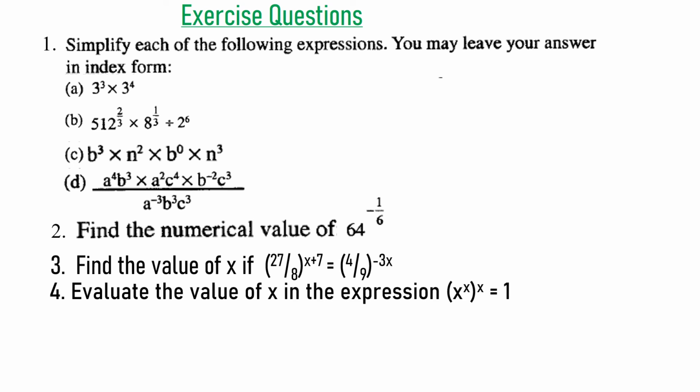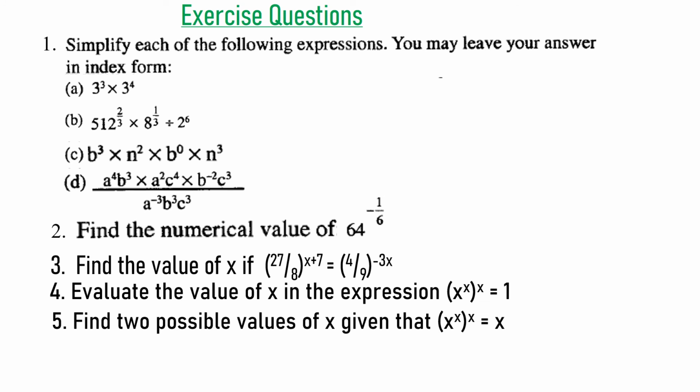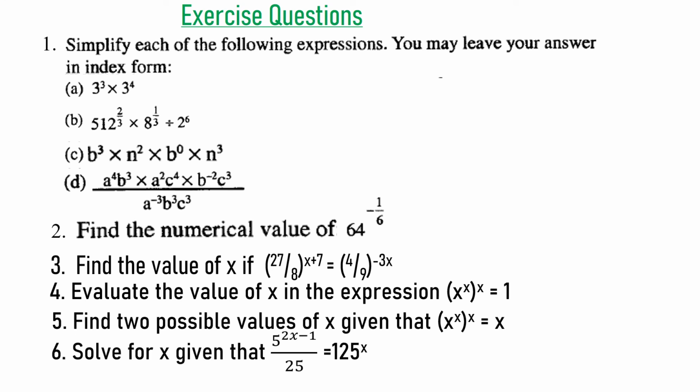Evaluate the value of x in the expression x power x raised to x equals to 1. 5. Find two possible values of x given that x power x raised to x equals to x. 6. Solve for x given that 5 power 2x minus 1 all over 25 equals to 125 power x.